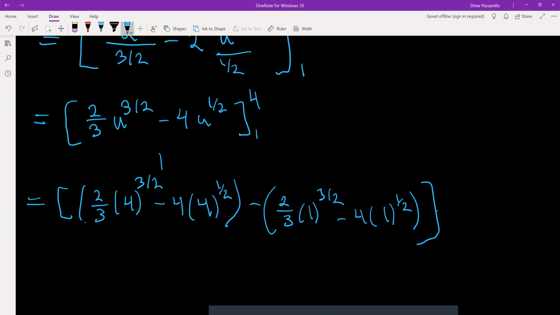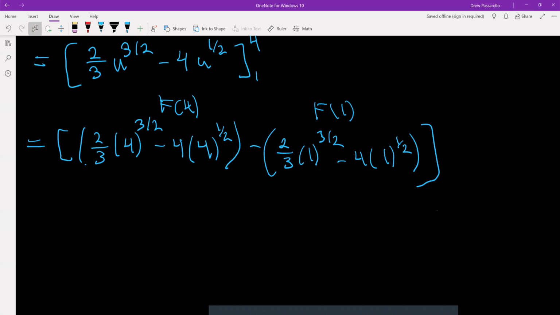So this was f of 4, and then f of 1. If you find all this, you'll get the first part to be negative 8/3, and then minus, and this part comes out to be negative 10/3. So you're doing negative 8/3 plus 10/3, which is 2/3.